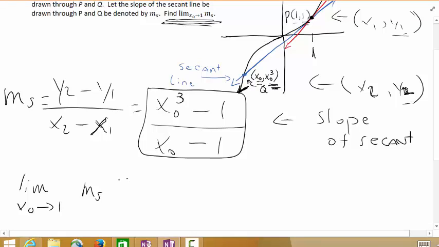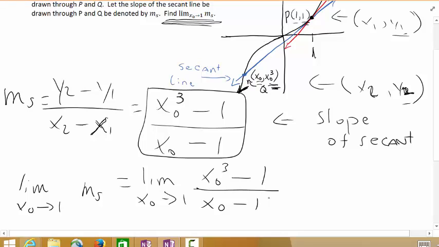So I'll have the limit as x sub 0 approaches 1 of x sub 0 raised to the third power, minus 1, all over x sub 0 minus 1. This is what we want to find the limit of, to find the slope of the tangent line.